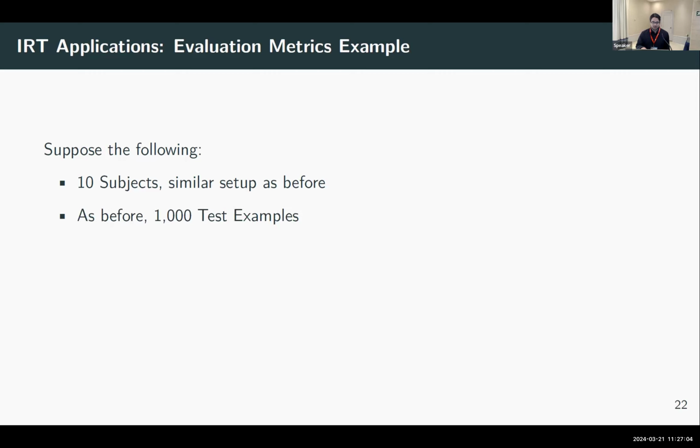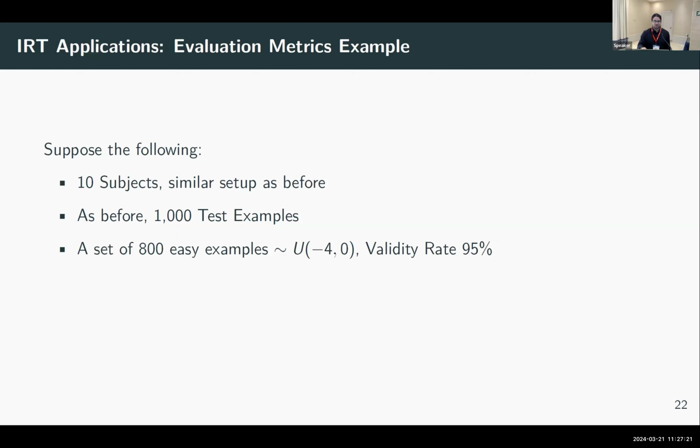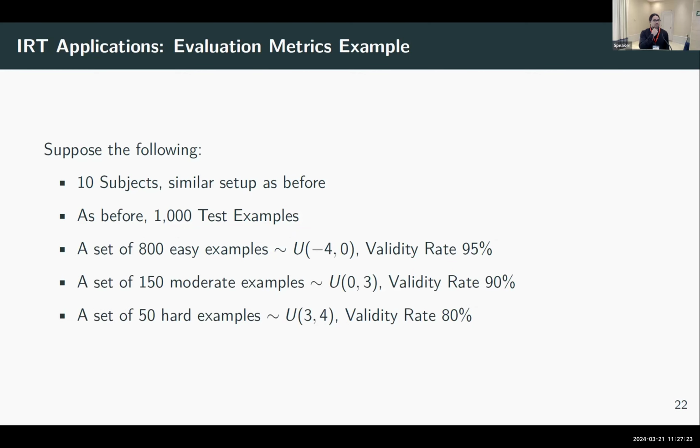Instead, what we are interested in is, as before, we have the same number of test examples, but we changed the setup very slightly. Sorry, that's the next example that I'm talking about. In this example, what we want to do is distinguish between easy, moderate, and hard examples.